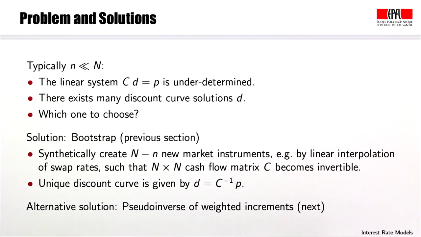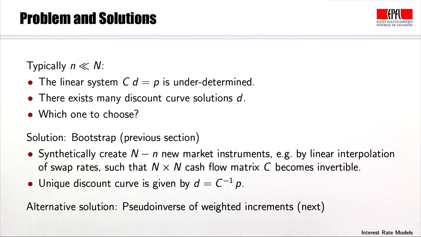Now let's recall the bootstrapping example from the previous section. A moment's reflection shows that we in fact synthetically created new market instruments by the linear interpolation of swap rates and LIBOR rates. We actually created just as many new market instruments as there were equations missing, capital N minus small n.